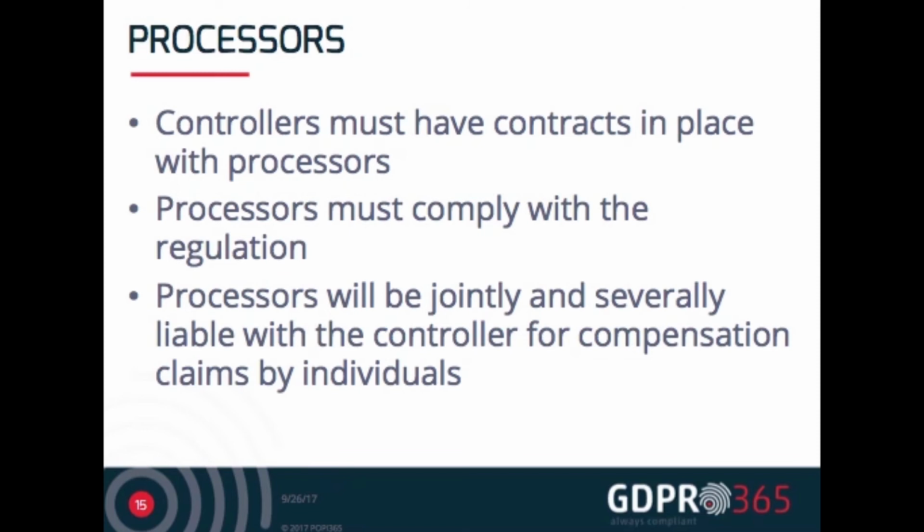And also the processor needs to be able to demonstrate that it has sufficient systems in place for restoring data in the case of deletion. It also needs to ensure that if the agreement with the controller is severed, they can demonstrate either a return of all data or deletion of all data on their systems.